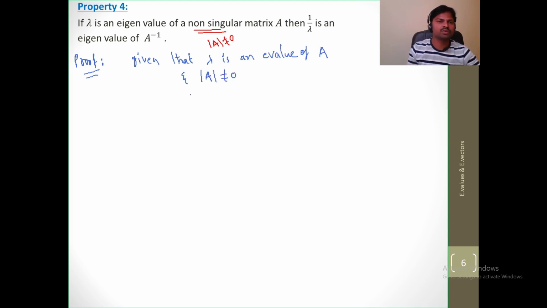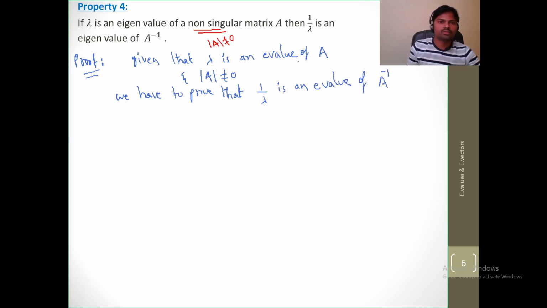Based on this information we have to prove that 1 by lambda is an eigenvalue of A inverse.